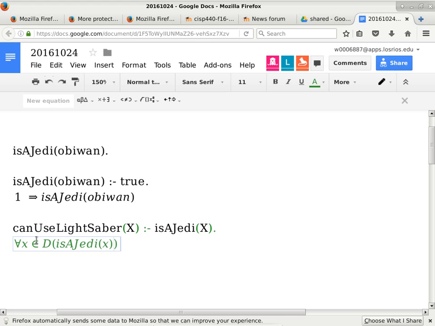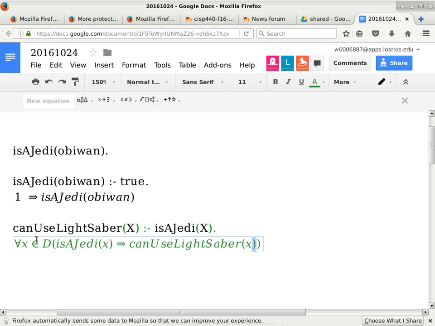In this case, this part is not an assertion. It is really just asking a question: is X a Jedi? Because in this entire universe, certain things are Jedis and other things are not. When we finish this sentence, it will make more sense. It is basically saying if X is a Jedi, then X can use a lightsaber.